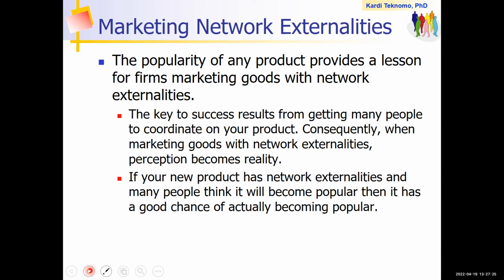So you influence people's perception that many people are already using it. If many people think your new product will become popular, there is a good chance that it actually becomes popular. Do you get it? You influence the public perception, and then that perception becomes reality.